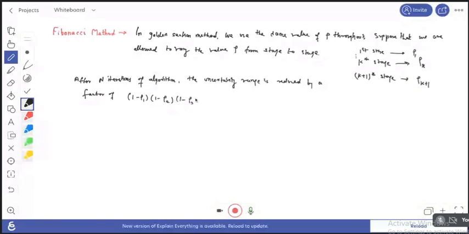So after n stages your uncertainty range is reduced by a factor 1 minus rho n.